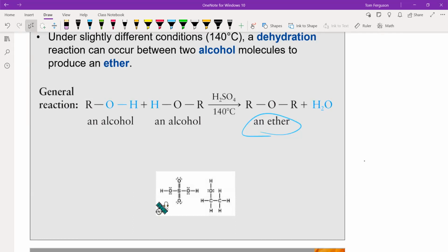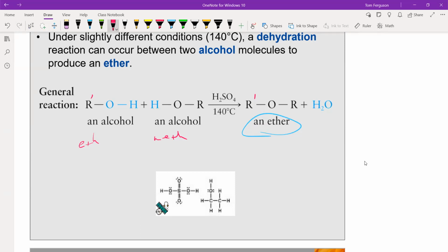Under lower temperature conditions, an alcohol can then form up with another alcohol, forming an ether. So let's say these were different alcohols. What would happen is you would end up with a mix, and the predominant mixture would be a mix of, say this was an ethyl group, and this was a methyl group. You end up with a mix of ethyl and methyl on each side of the oxygen. In this class, the alcohols are going to be the same.